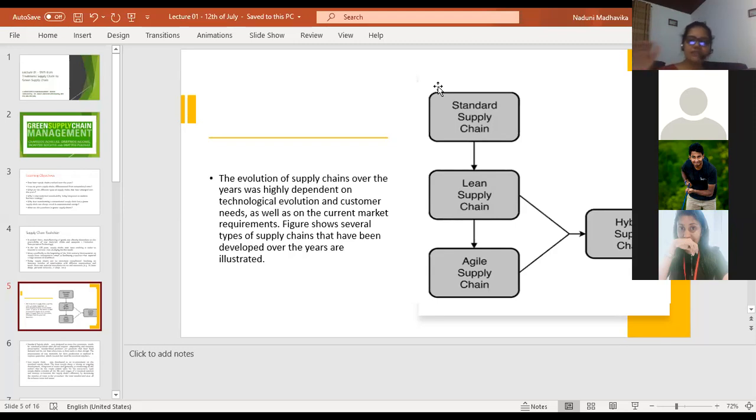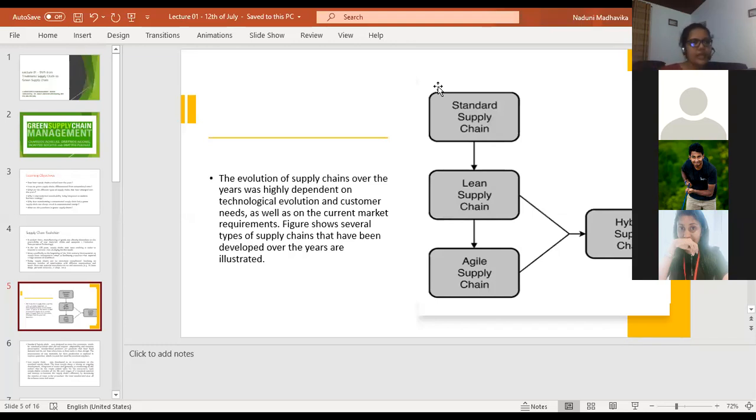These are different stages in supply chain evolution. First there was the standard supply chain, where you delivered customer demands with regards to standardized products. We refer to that as the standard supply chain.